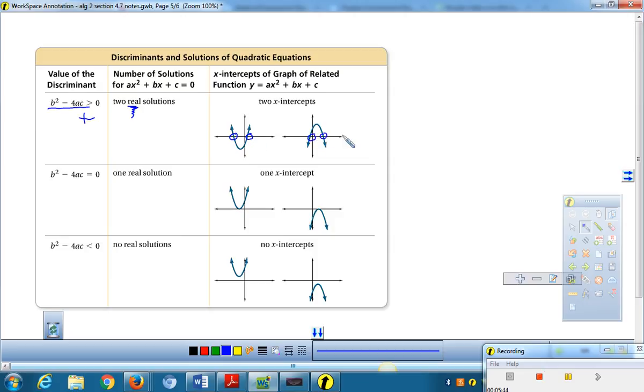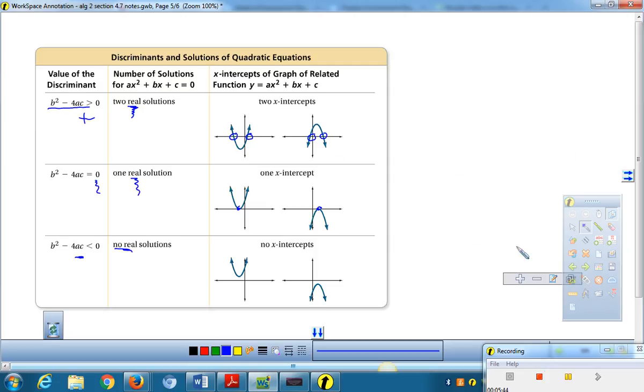If the discriminant equals 0, we have one real solution, and that's when our parabola just touches the x-axis at the vertex. And then if it comes out to be negative, then we have no real solutions, and that's when our parabola never touches the x-axis. Okay, so the three possibilities are two real solutions, one real solution, or no real solution.